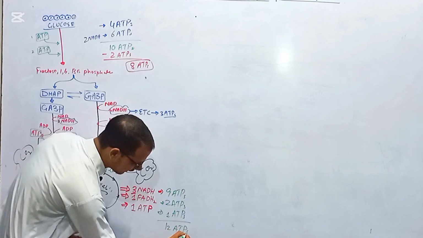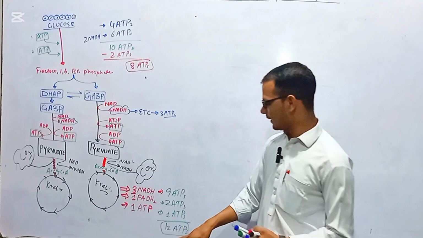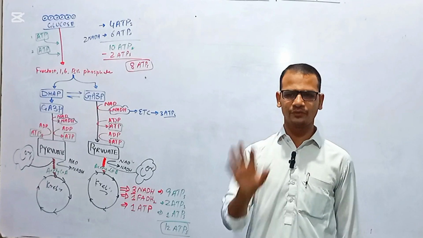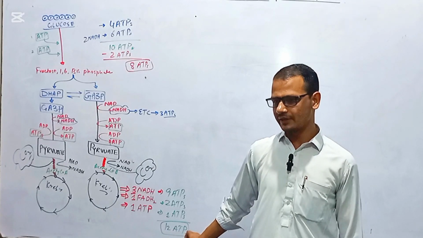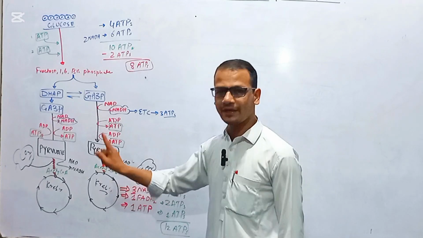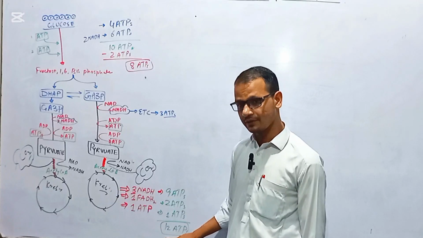If you have an MCQ in your paper asking how many ATPs are formed in 1 Krebs cycle, students are always confused in this type of question, right? When they are asking about 1 Krebs cycle, the net ATP in 1 Krebs cycle is 12.